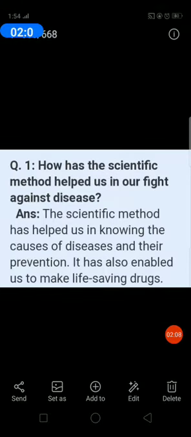Firstly, it has helped us in knowing the reasons and causes of diseases. Secondly, it has helped us in saving ourselves, meaning all the human beings, from those diseases. And thirdly, saving ourselves from those diseases by way of making life-saving medicines. So these are the three different ways in which the scientific method has helped us in our fight against disease.